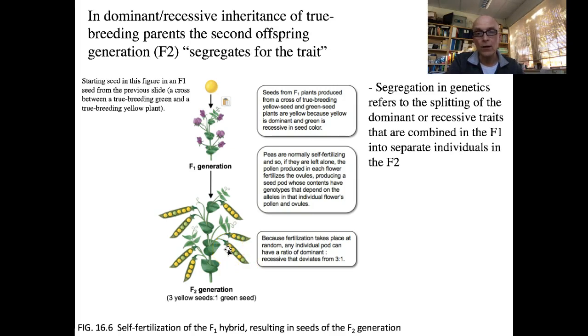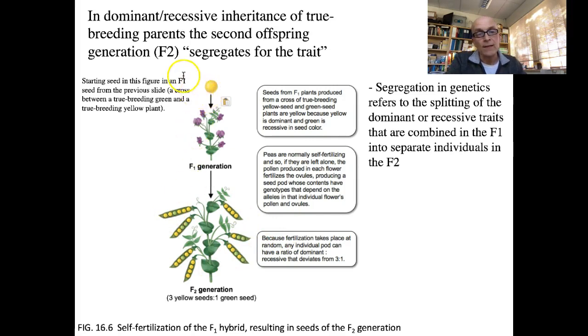So in the F1, they all look the same, but in the next generation, the two phenotypes segregate again. Segregation in this case is a specific term in genetics that means the splitting of the dominant and recessive traits that are combined in the F1 into separate individuals in the F2. You will see that in the next couple of slides as well.